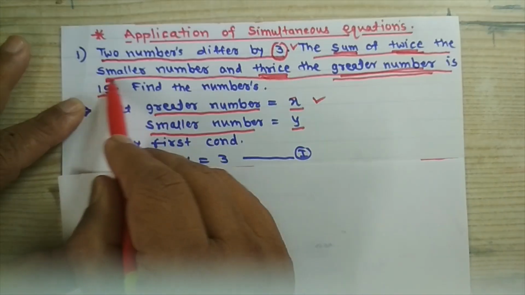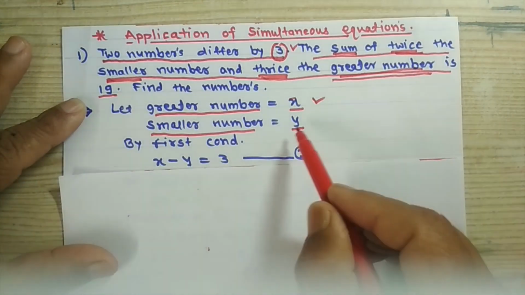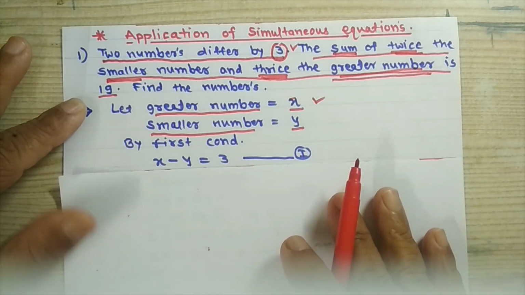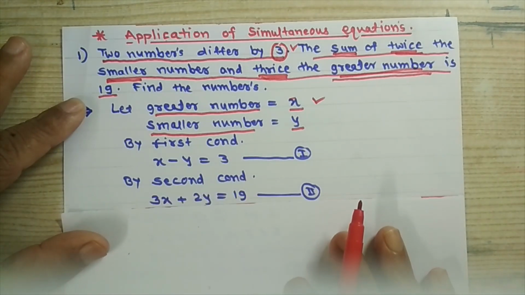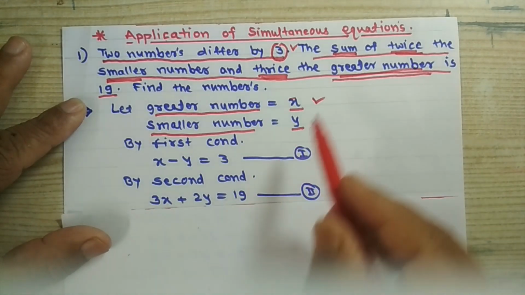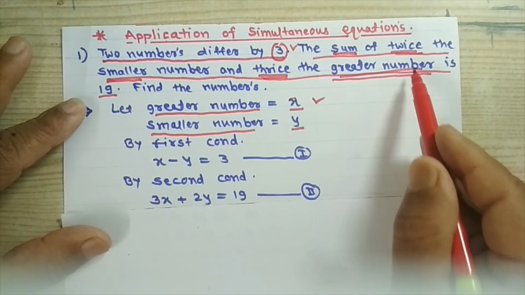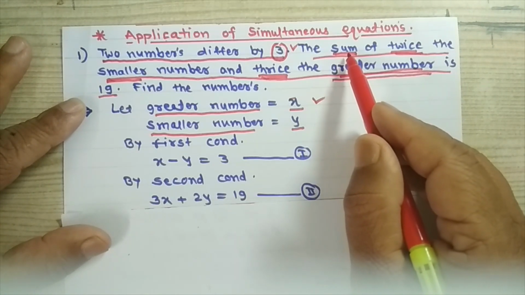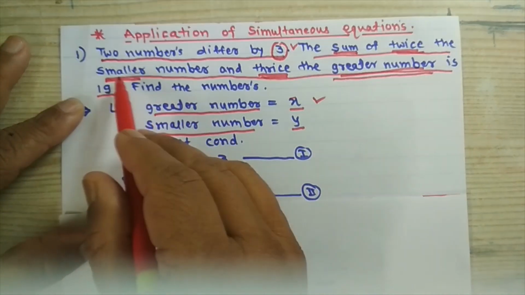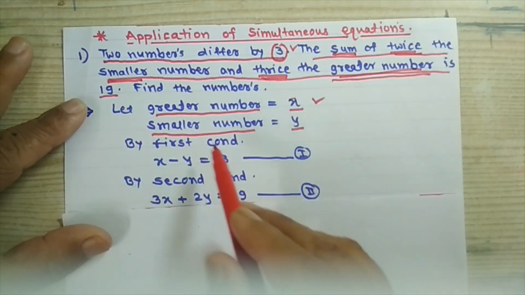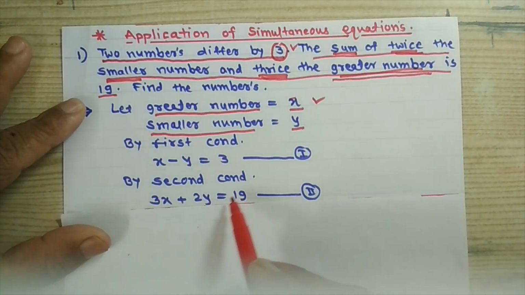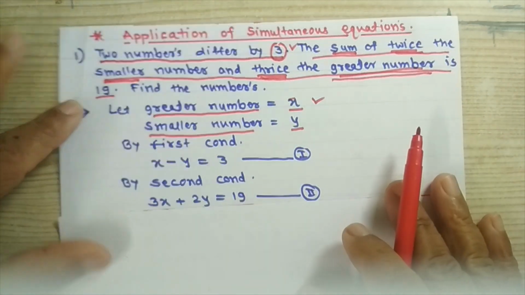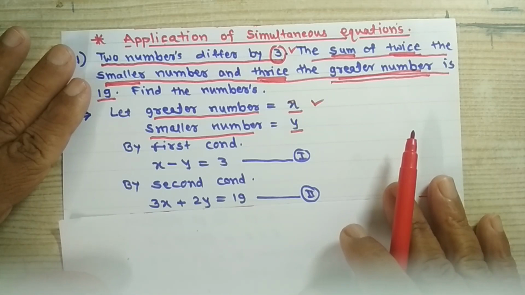Twice the smaller number, where the smaller number is y, is 2y. By the second condition, 3x plus 2y is equal to 19, since the sum is 19.